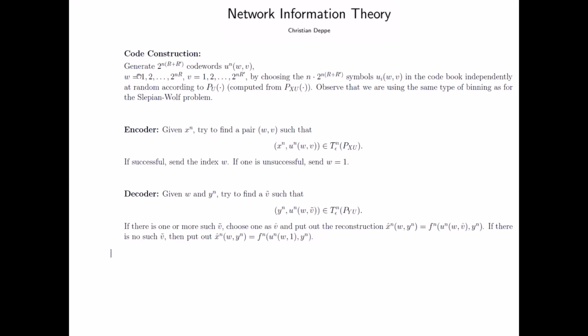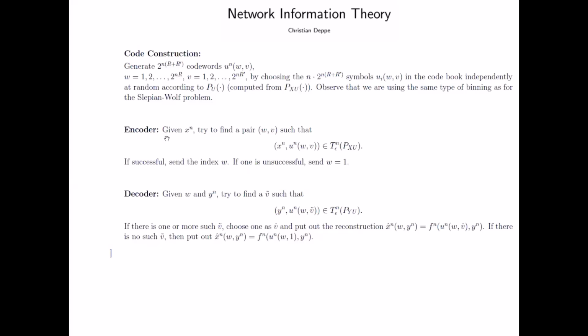So w goes from 1 to 2^{nR}, and v goes from 1 to 2^{nR'}. So in total we choose n times 2^{n(R+R')} symbols by using the random variable p_U, which we have calculated from p_{XU}. And you can observe we use the same binning idea as we used for Slepian-Wolf.